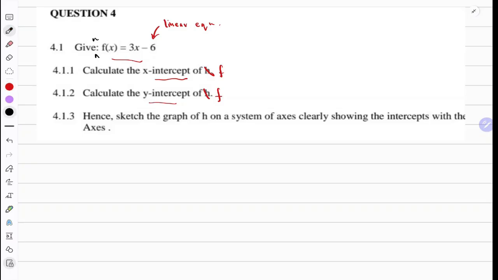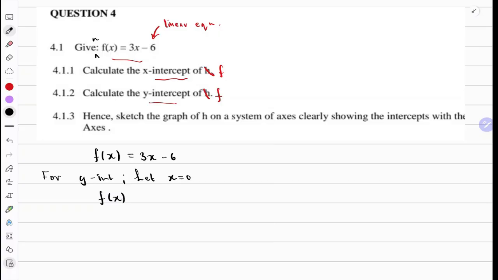So we're given f of x is equal to 3x minus 6. So for y-intercept, you let x equal to 0. So let's do that.